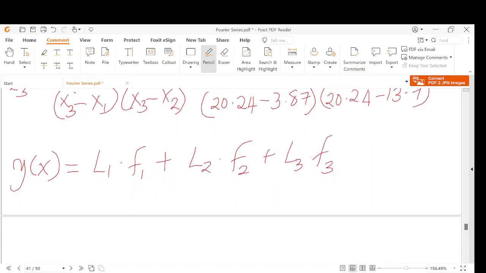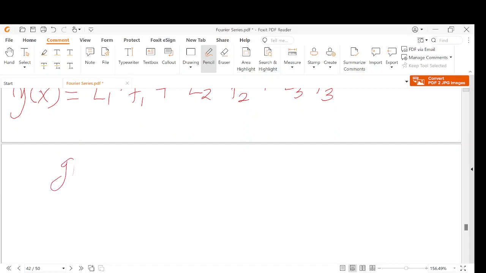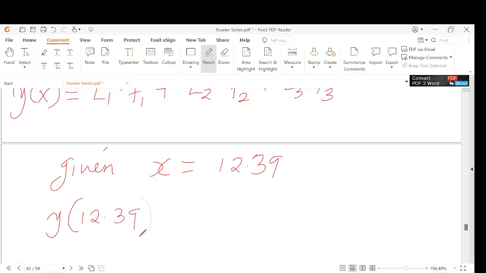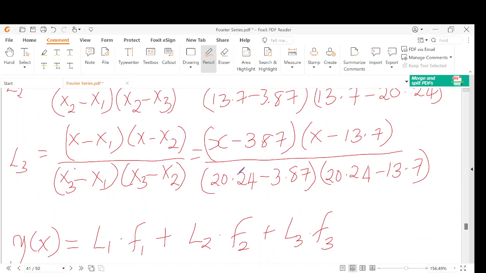If you are given a value of x, for example, x is equal to a value like 12.39, then we can compute y at 12.39. What is the value of y? We just need to substitute the values of x here, 12.39, and here.